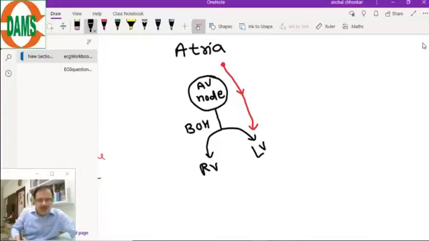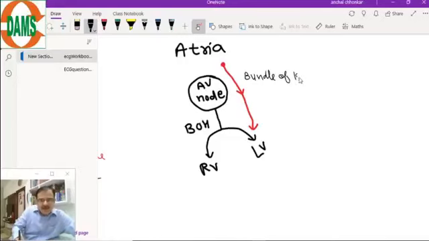Now come to the next syndrome, and you can look at the difference from the previous diagram. Here the atrial impulse bypasses the AV node and goes to the ventricle, not to the bundle of His. This is typically known as the bundle of Kent.